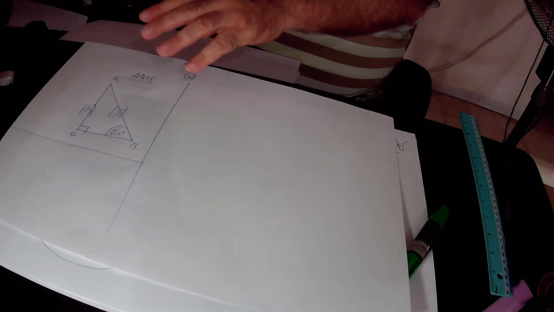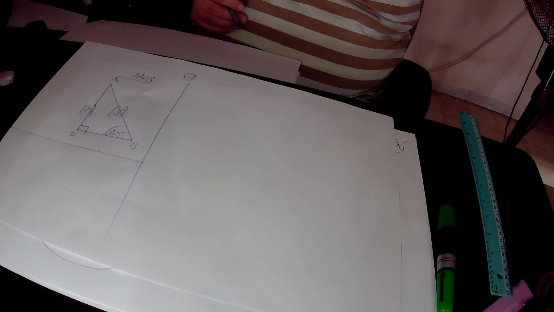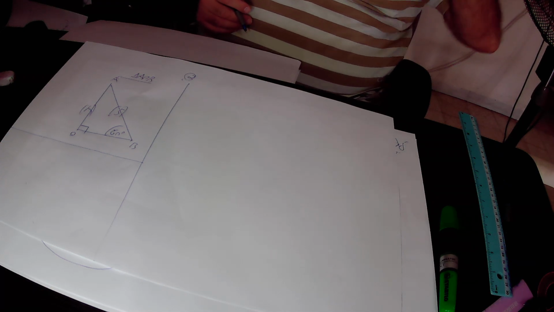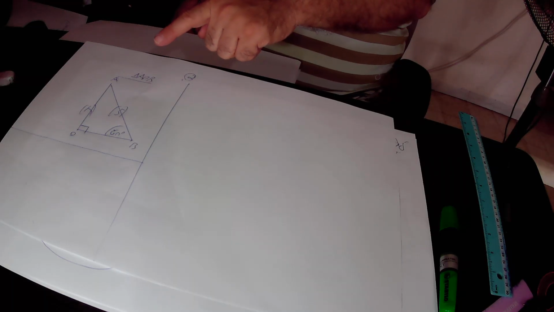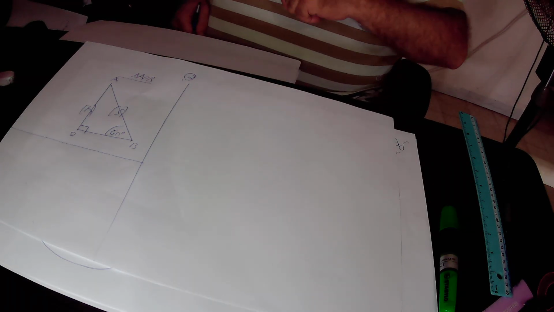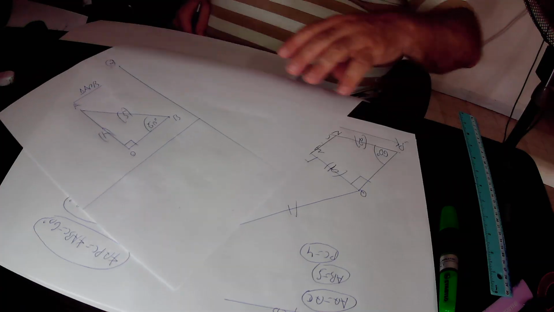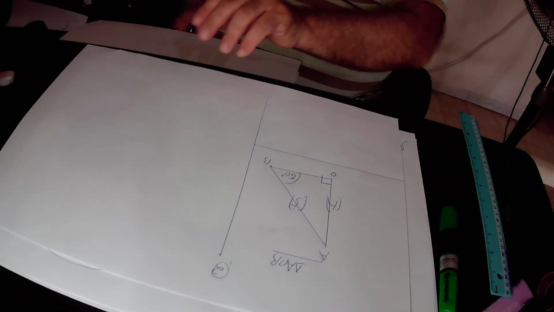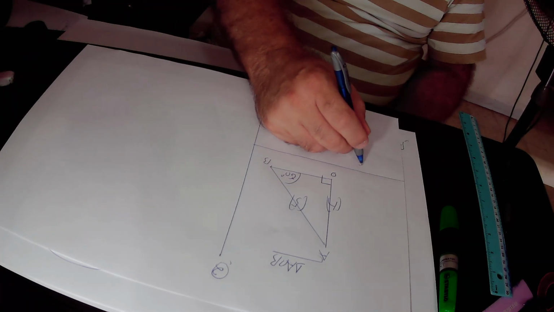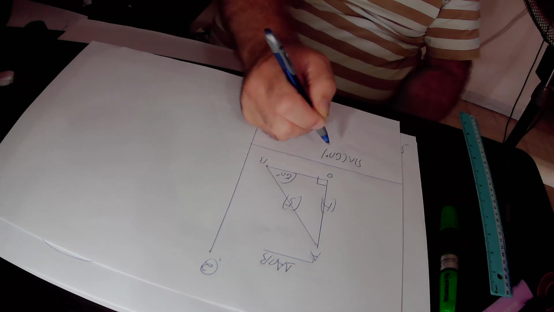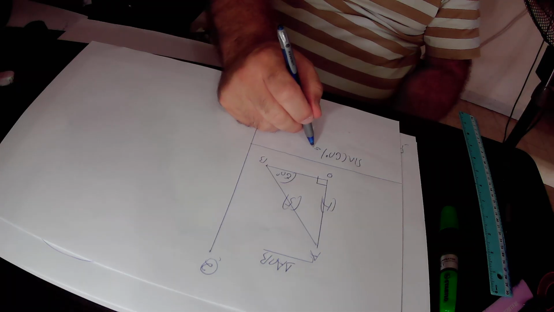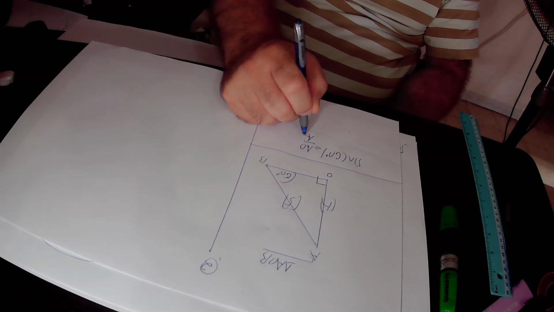So actually, this is the right triangle AOB that is coming from the original drawing. In this right triangle AOB, sin of 60 degrees equals AO over AB. So I'll write it down. Sin of 60 degrees equals AO over AB.